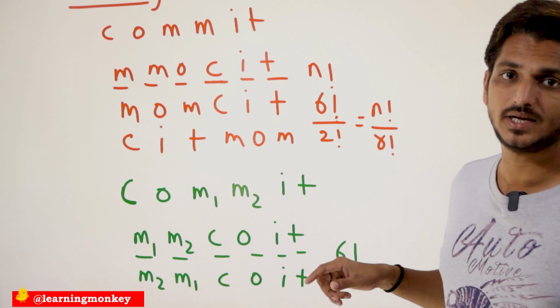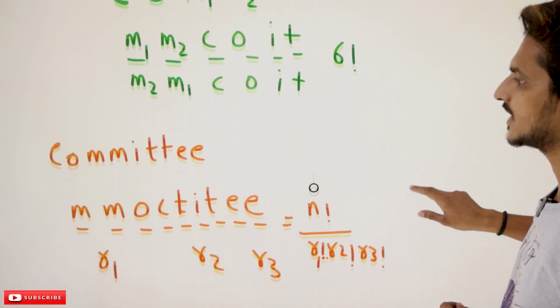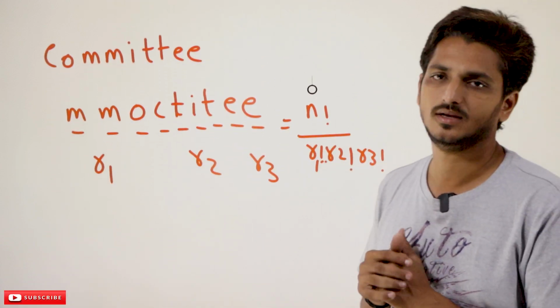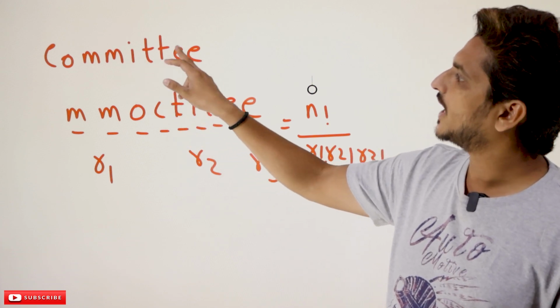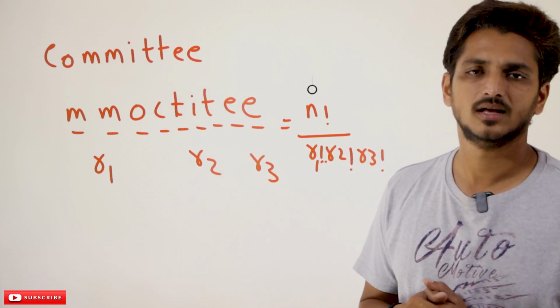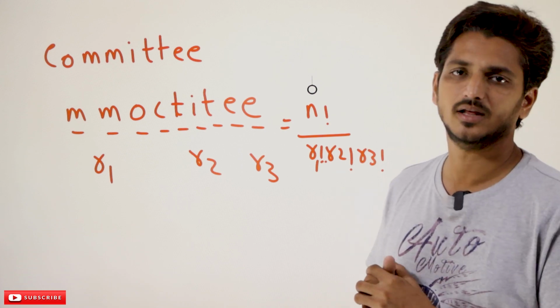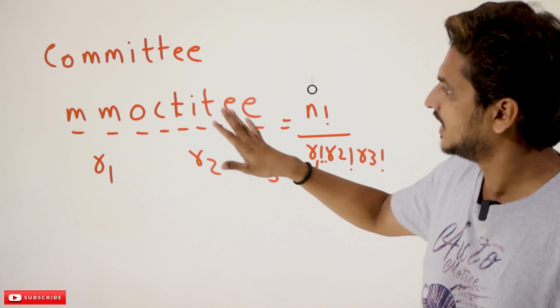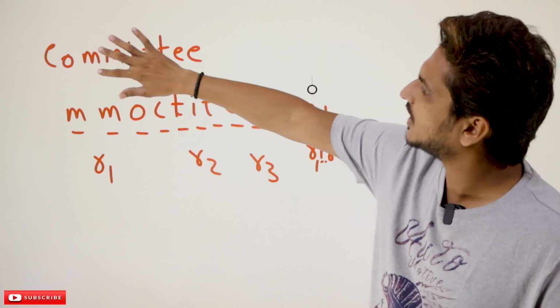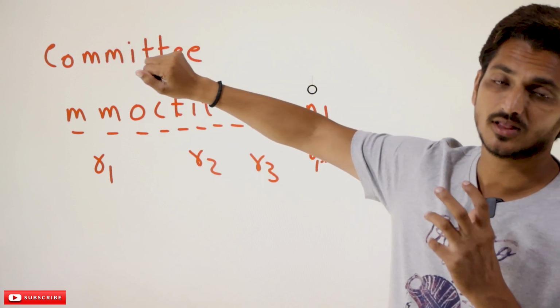If multiple repetitions are there, let's take the example COMMITTEE. M is repeated, T is repeated, E is repeated. Total how many characters are there? 9 characters.